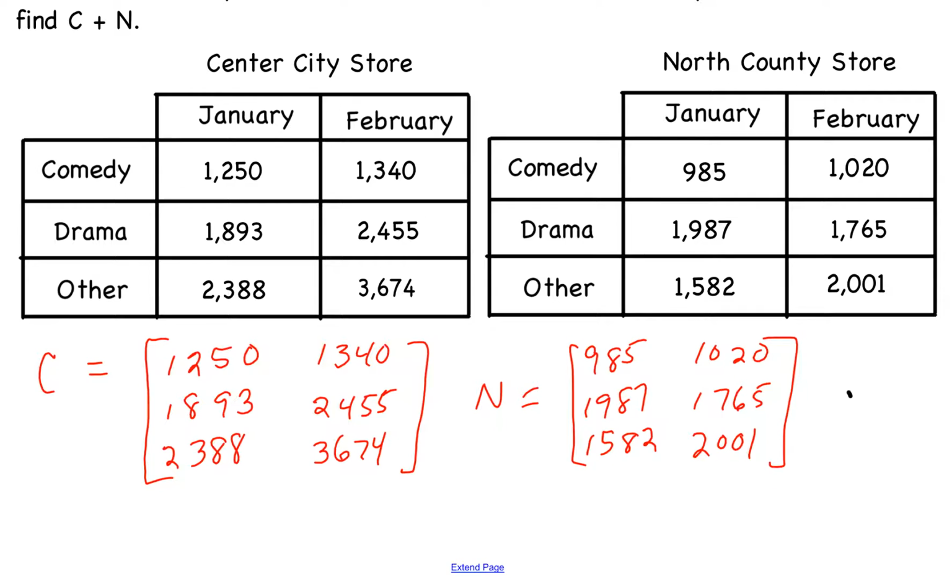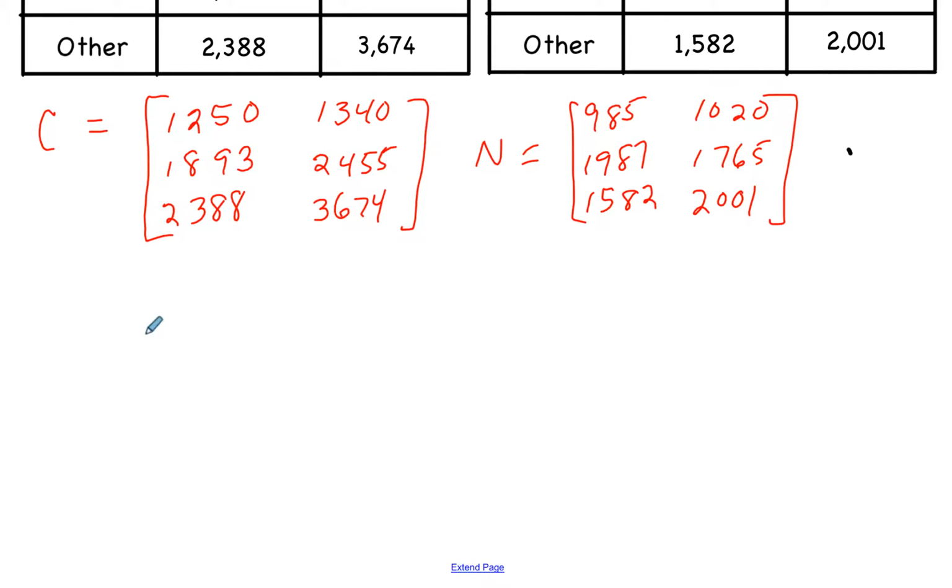So all we're going to do is add those two matrices. C plus N, we just add those elements in the same position. Here's where I need my calculator to work for me. We're going to add 1250 plus 985, and we end up with 2235.